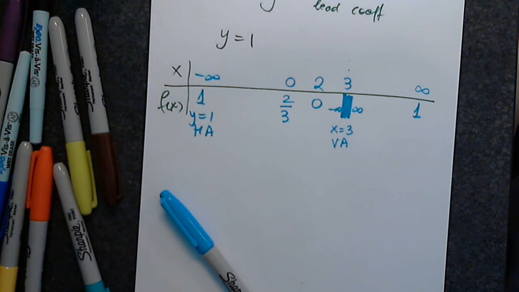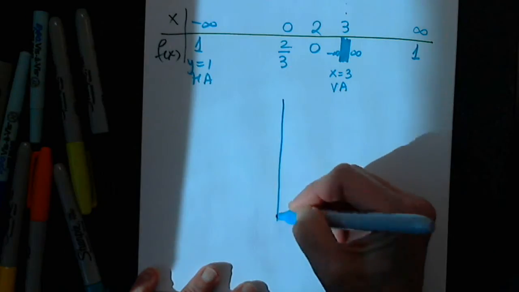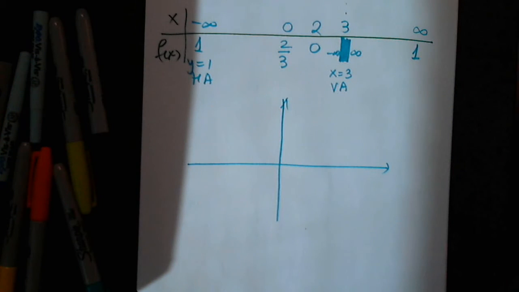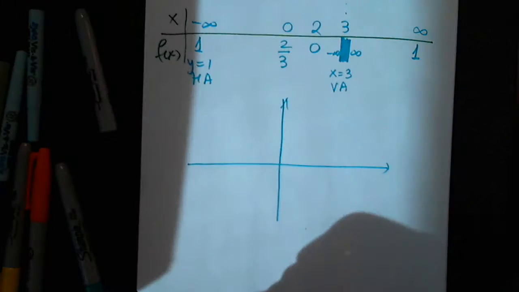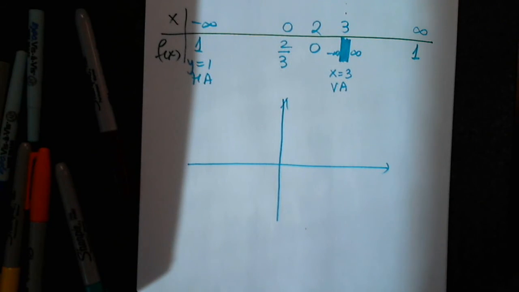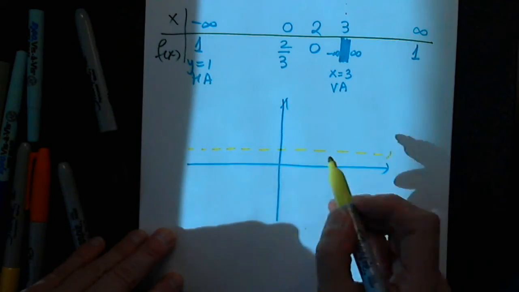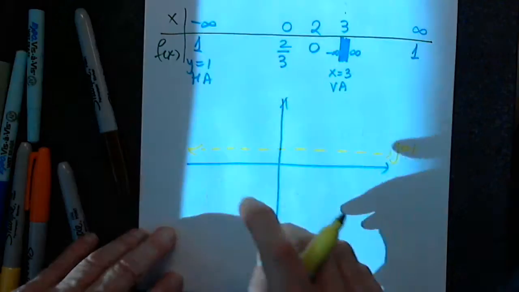That's the graph. So when we graph functions with asymptotes, we must graph the asymptotes first. They are not part of the graph, but they have to be graphed first. So I have to graph y equals 1, not a solid line, the horizontal asymptote.